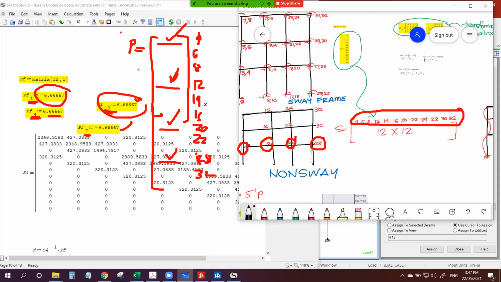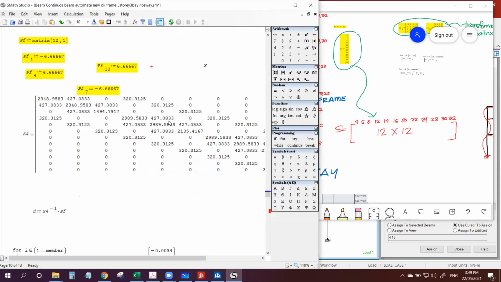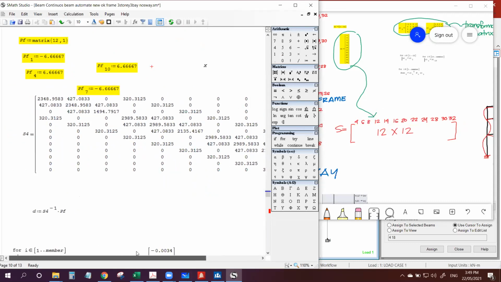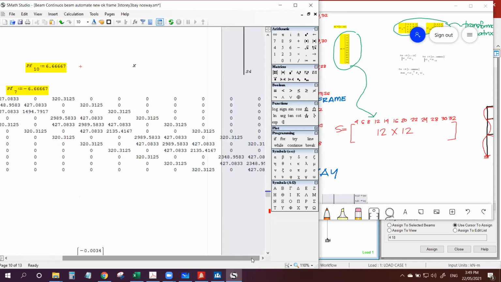Okay, so we now have P equal to SD. We now have the P vector. The S matrix will be generated automatically. And therefore, we can now get our D. Then this is our S matrix. Okay, so it's a banded matrix.